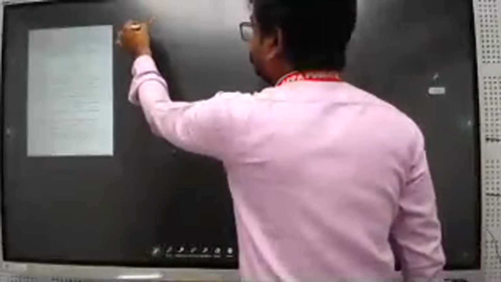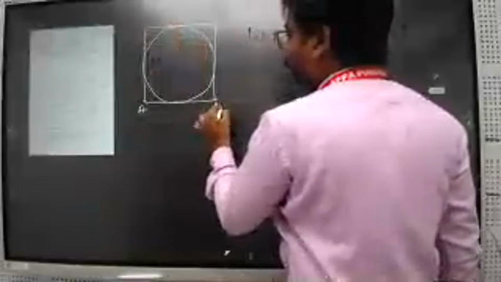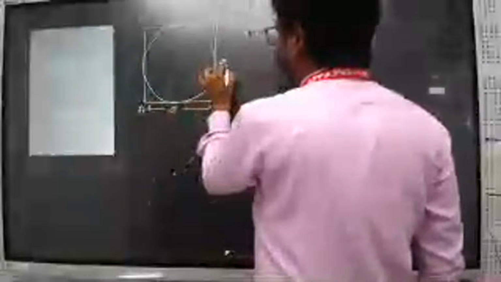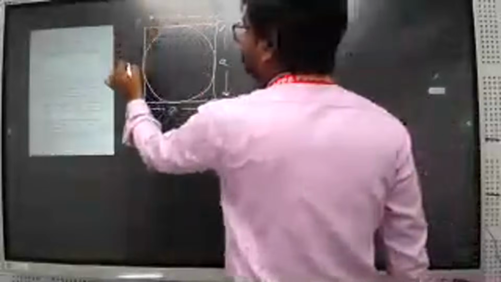So first you can draw this figure. A square and a circle. If I take ABCD as a square, in a square all sides are equal. So that I will take as A. From the center, these are called the points of contact.